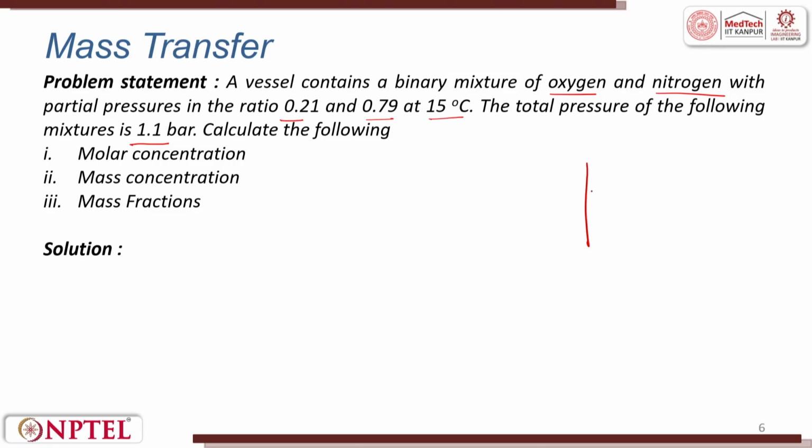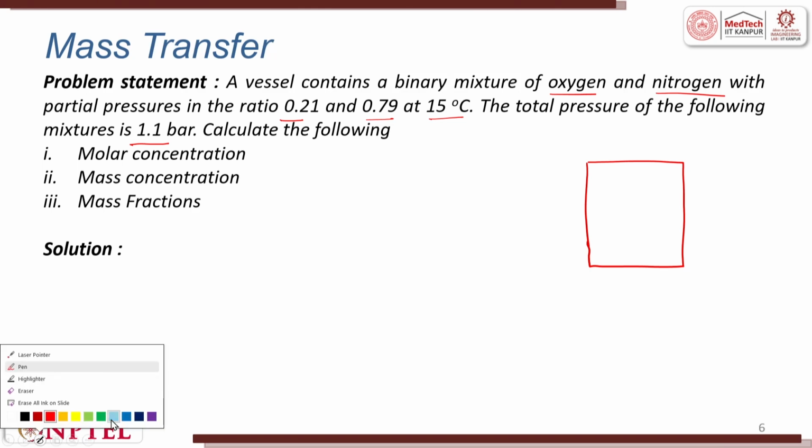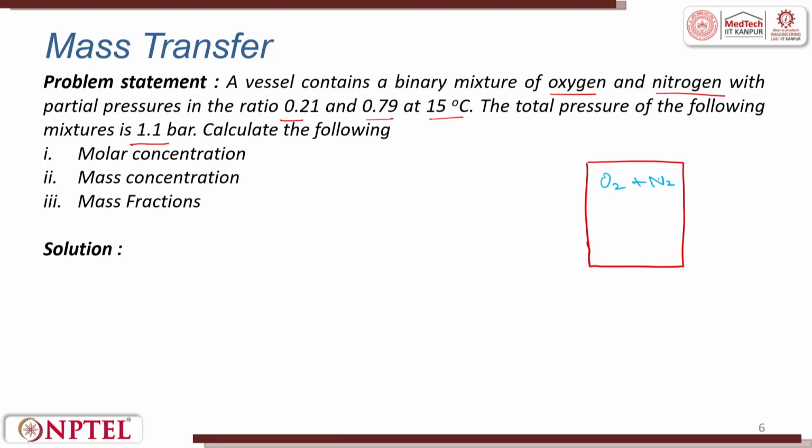So, it is a mixture of gases, that is oxygen and nitrogen, at 15 degrees centigrade. Partial pressures are given. Partial pressure for oxygen here is 0.21 and for nitrogen is 0.79.